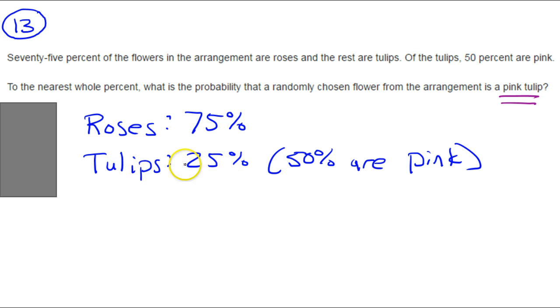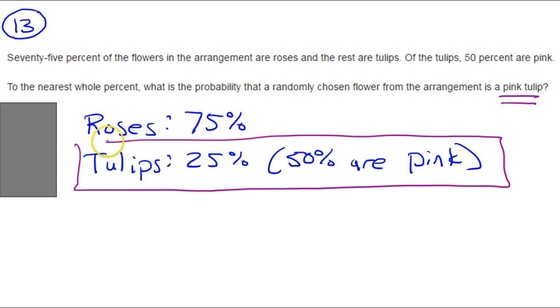Well, let's just use common sense on this one, guys. 25% of the flowers are tulips, and then half of those, 50% of those, are pink. So if you take half of 25%, that is 12.5%.